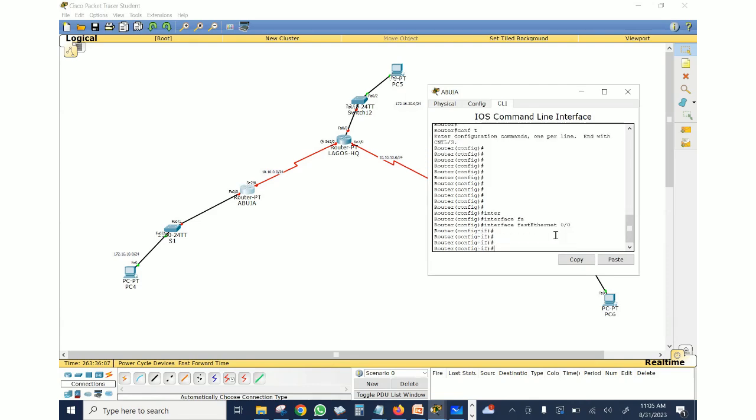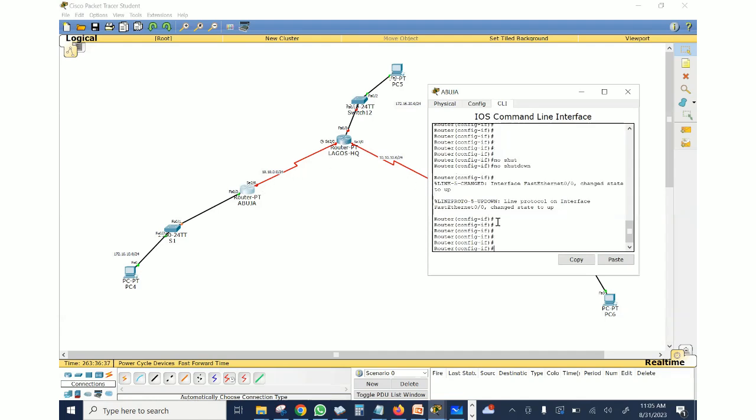The IP address 172.16.10.1 subnet mask. Okay, then we type enter, put no shutdown to put it up. So now the interface is linked to Lagos.